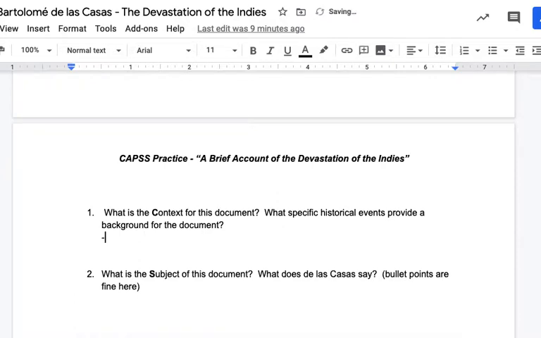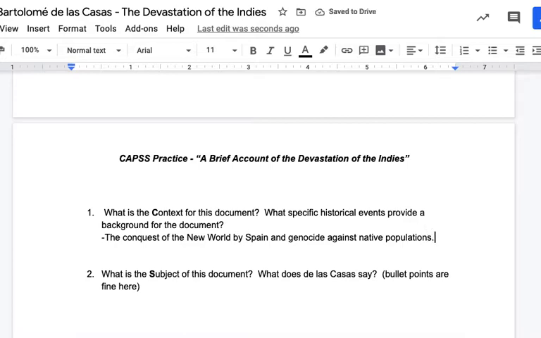Well, De las Casas tells us, like almost in the first paragraph, that the context is the conquest of the New World by Spain and genocide against native populations. So the context here is that the Spaniards came and settled the New World, and now they're killing these people.